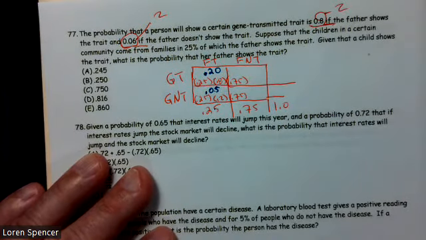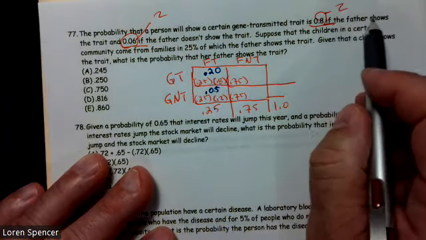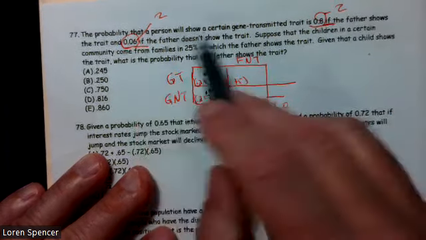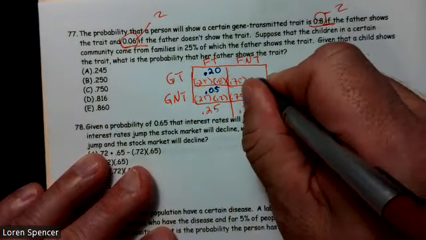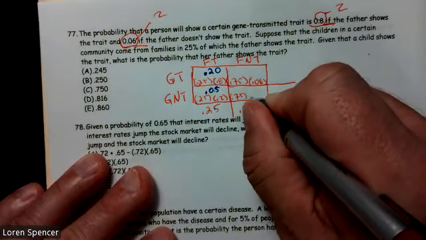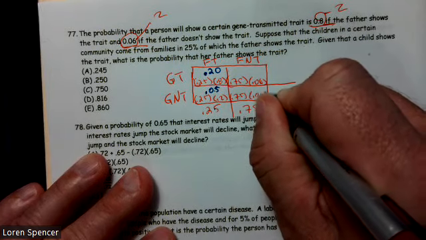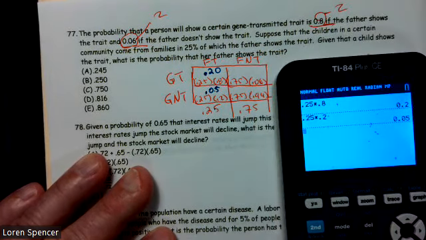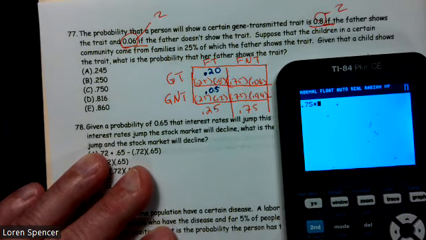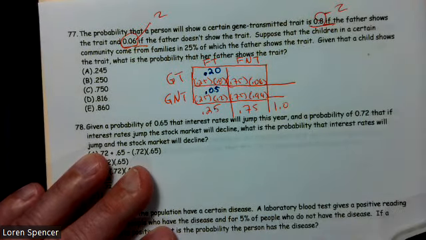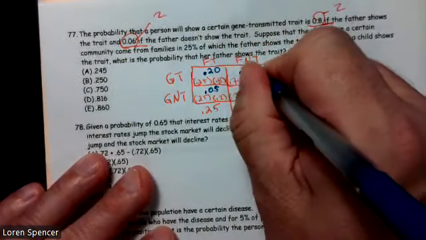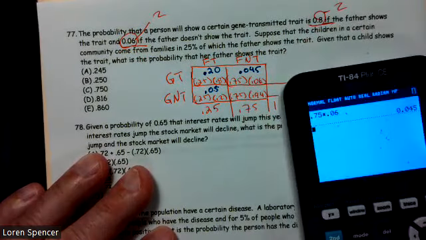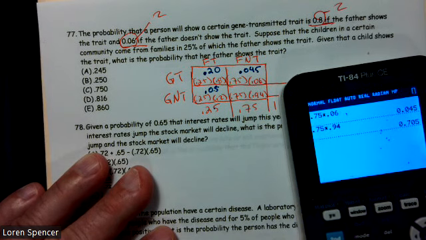And then it says, and 0.06 if the father does not show the trait. Father not show the trait, but there's a 6% chance. So this is 0.06. This is 1 minus that, which is 0.94. So 0.75 times 0.06 is 0.045. And 0.75 times 0.94 is 0.705.